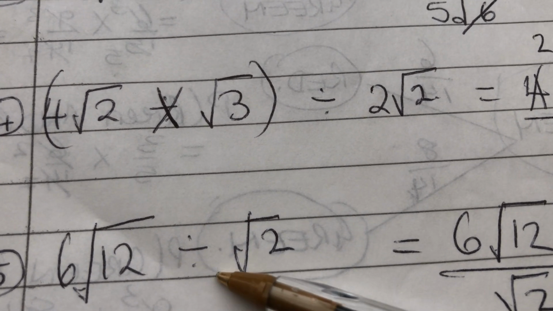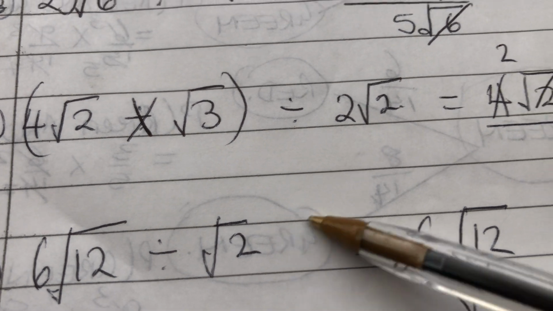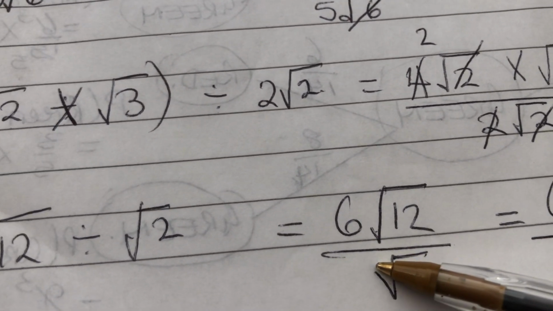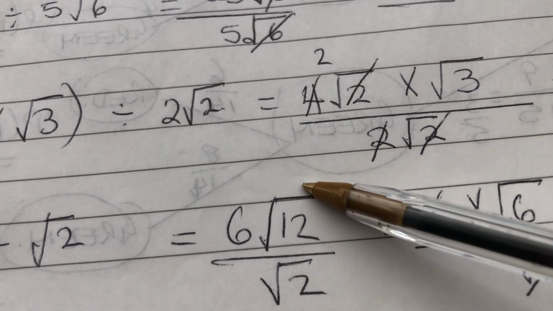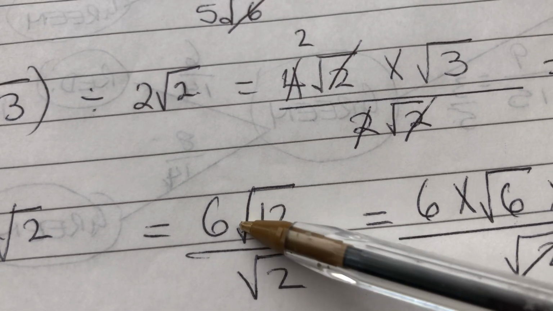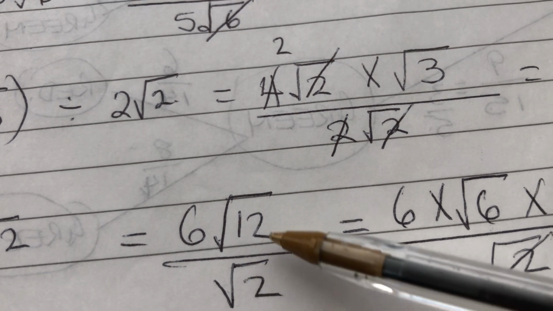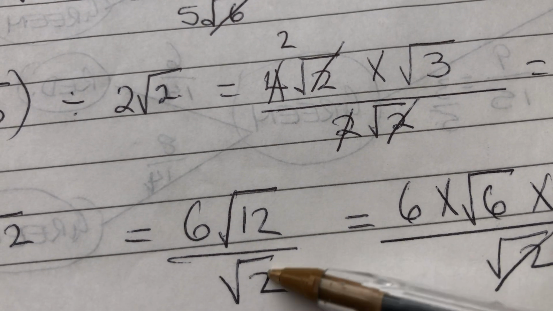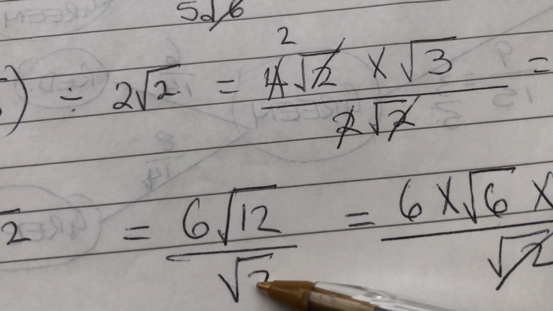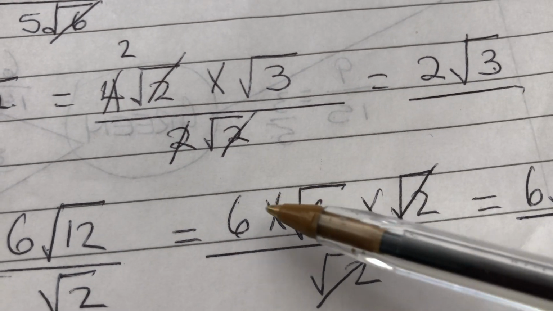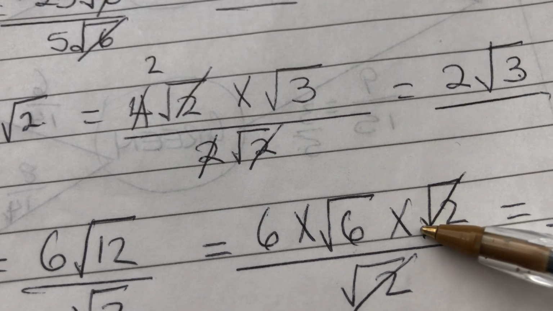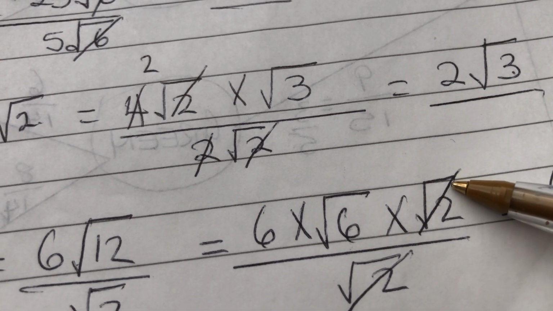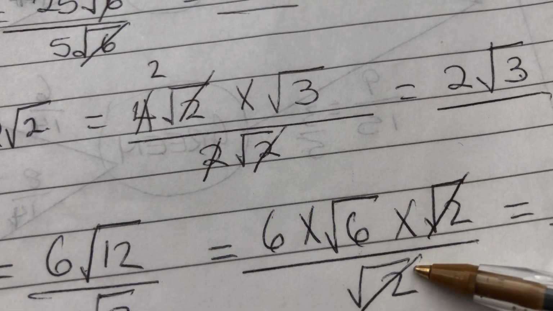6 root 12 divided by root 2. I'm going to write root 12 as root 6 times root 2 so that I can get rid of the root 2. Now, if I do that, I have 6 times root 6 times root 2, all divided by root 2.